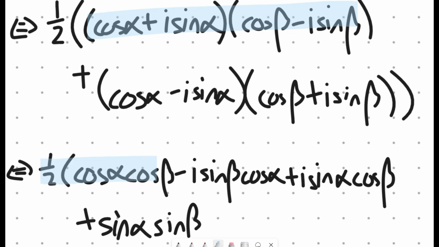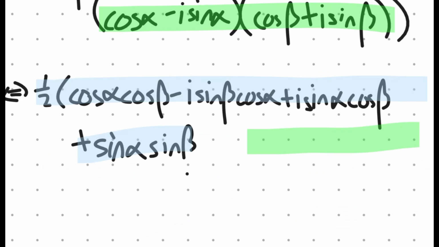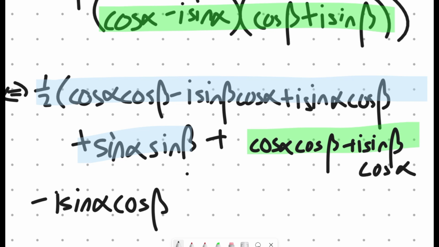That is the first two. Now we expand the second two parentheses: cosine alpha cosine beta plus i sine beta cosine alpha, then minus i sine alpha cosine beta, and then minus i times i is just plus, so plus sine alpha sine beta.